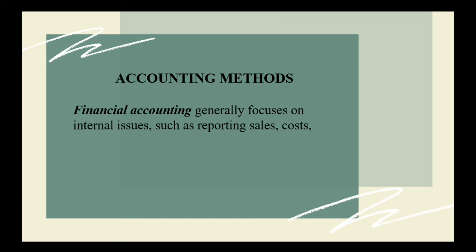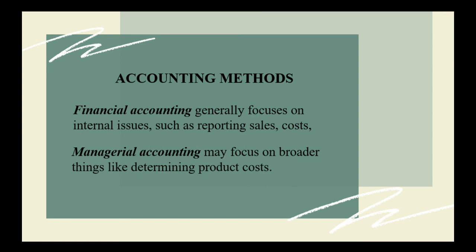Financial accounting is a specific branch of accounting involving a process of recording, summarizing, and reporting the myriad of transactions resulting from business operations over a period of time, while managerial accounting may focus on broader things like determining products' costs. Managerial accounting is the practice of analyzing and communicating financial data to managers who use the information to make business decisions.